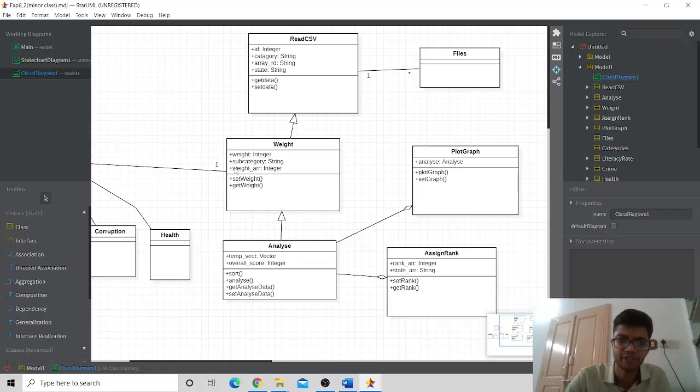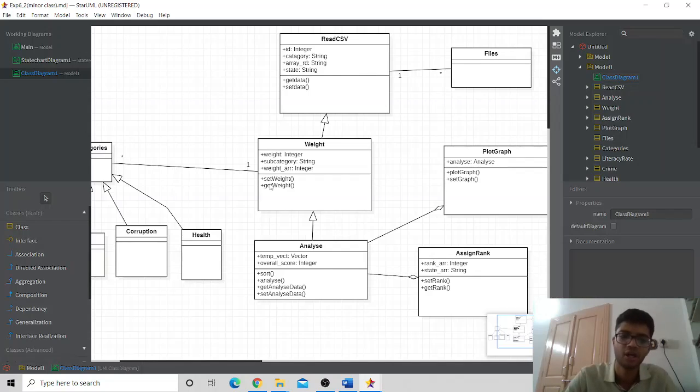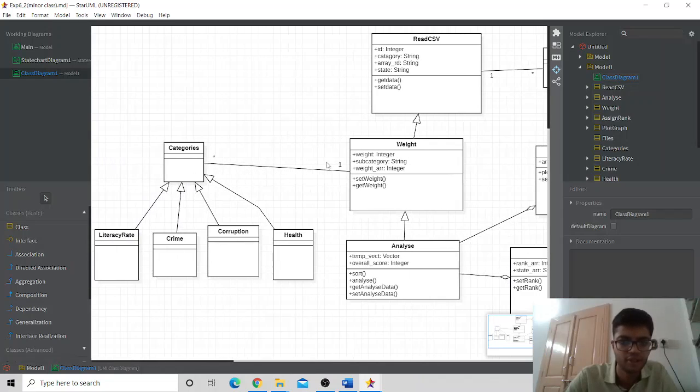Now this is a weight class which has the weight attribute, subcategory attribute, and a weight array of type integer. And there are two methods, the setter weight and getter weight, meaning we can set the weight. There is one algorithm, and the weight has many categories, as I told you earlier: literacy rate, crime rate, corruption, health.